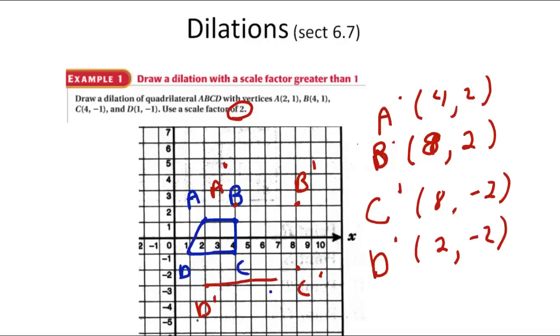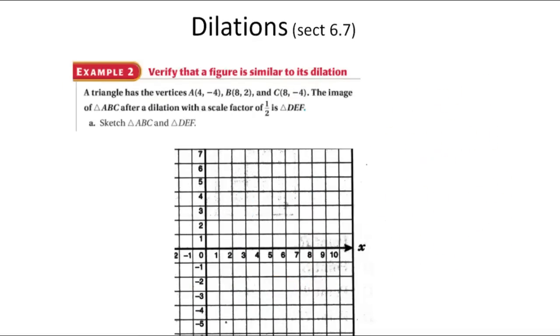So my new figure is right here. Oops, I couldn't count my D. There's my 2. So there's my new D, going up to A, going across to B, going down to C. Did my figure get larger? Yes, it did. What shape is that figure? Everybody better be saying trapezoid. We have one pair of parallel sides, which makes it a trapezoid.